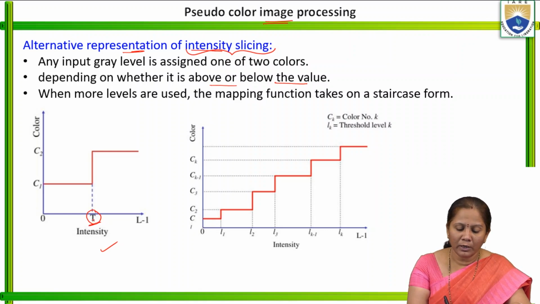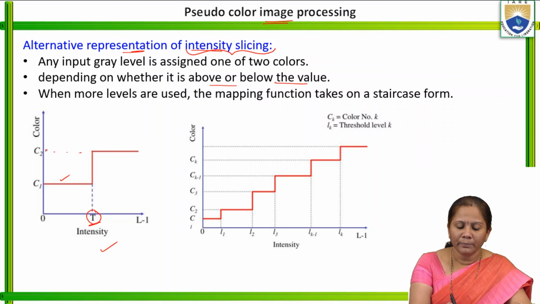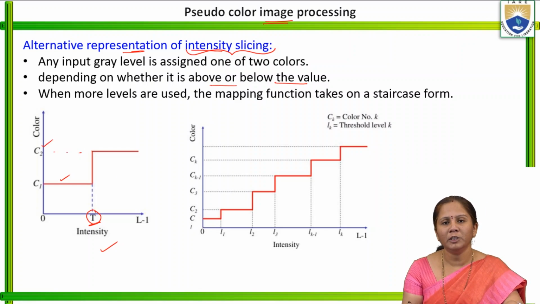If the intensity values are between 0 and T, one color C1 will be allotted. If the level is between T and L minus 1, another color C2 will be allotted. So after pseudo color image processing, the output image has 2 colors only.